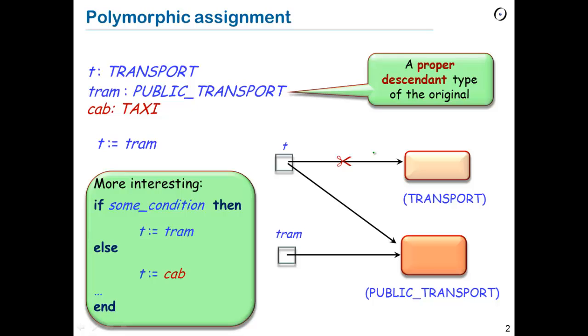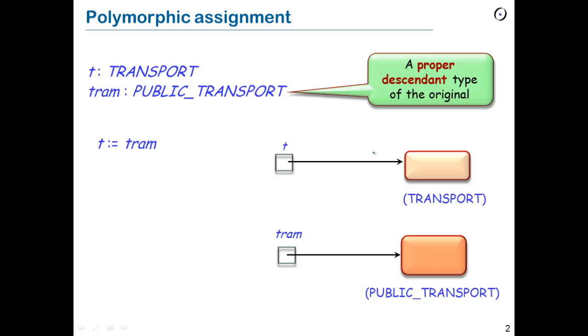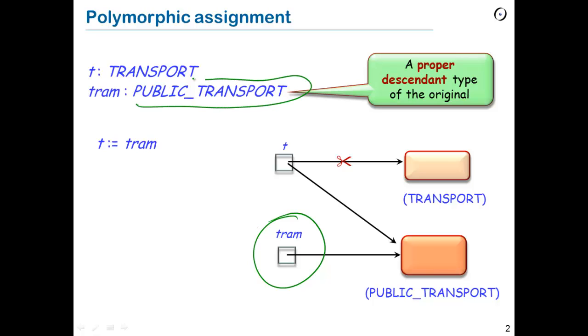So actually, this particular example is not that exciting because, you could say, why do this? If t is of type transport and now gets attached to an object of type public transport, then that object was already known through another name, the name tram, which is more precise because tram is of type public transport.